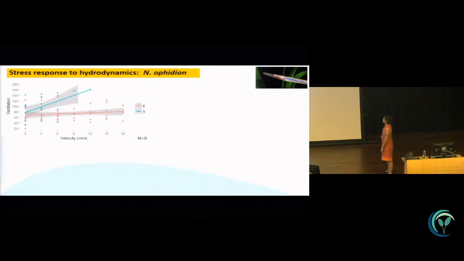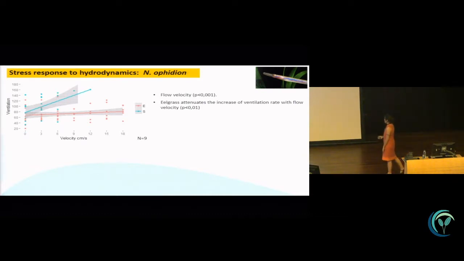And now for Nerophis ophidion, we have a pretty clear response. Flow velocity increases ventilation rates in this species, and there was an obvious interaction between substrate type and velocity.